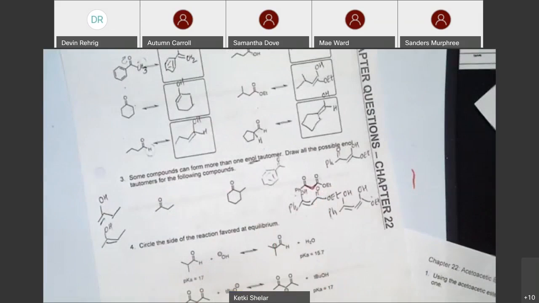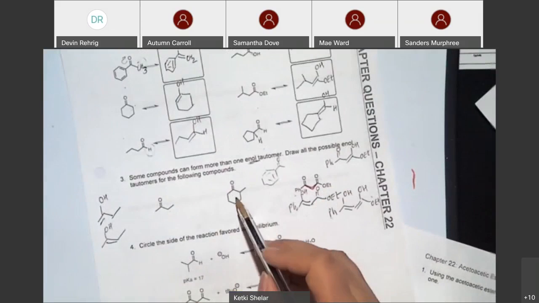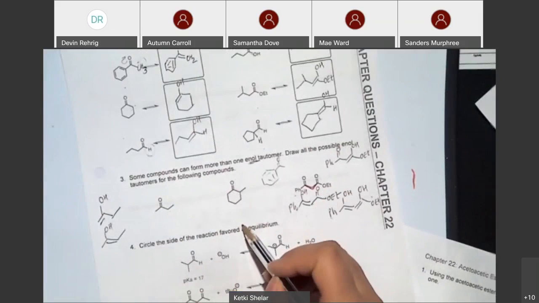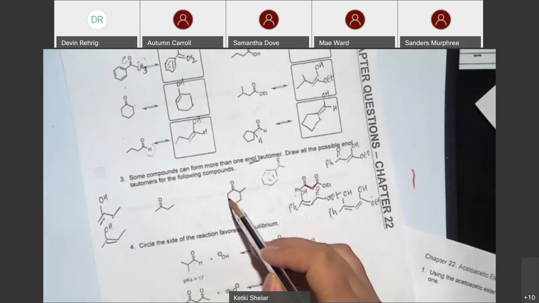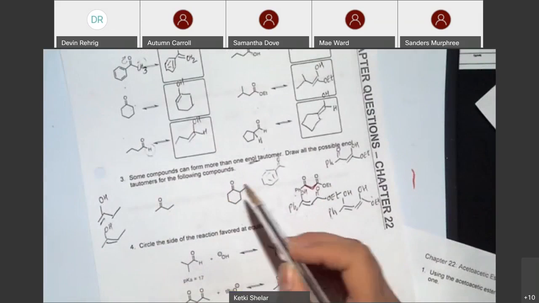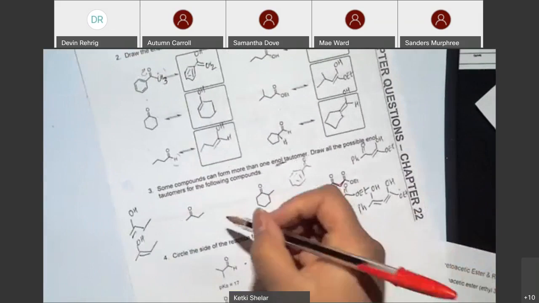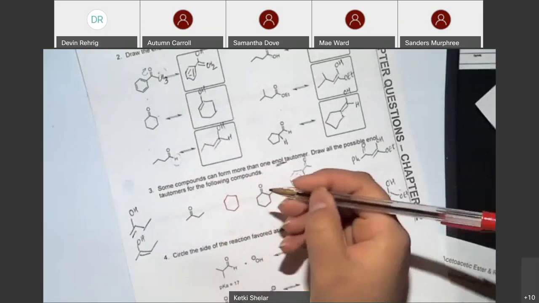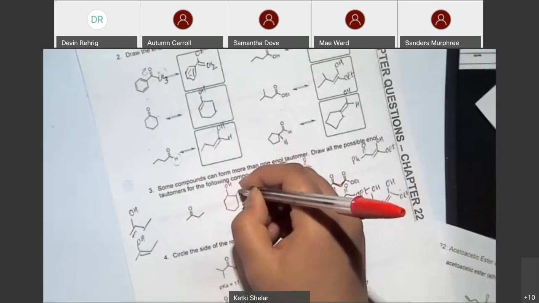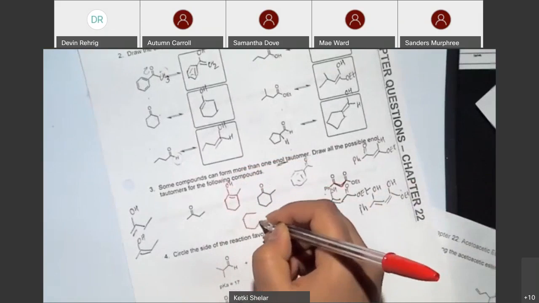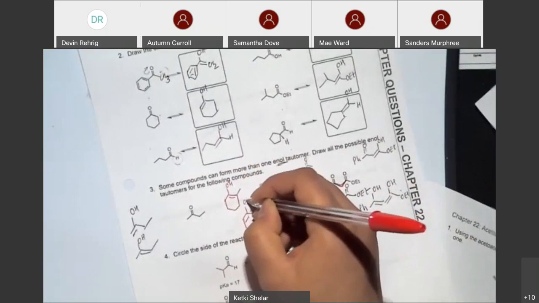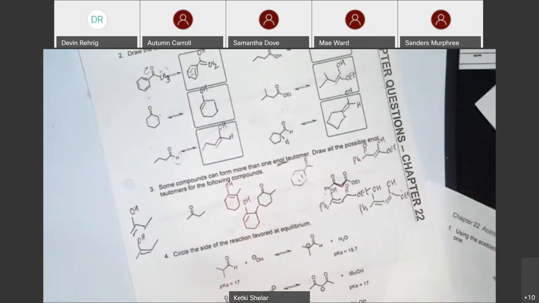This is a very interesting compound. As you can see here, there is a carbonyl and it's not symmetric in nature. There is a methyl group at one side, the other side is without a substitution. So the possible structures for enols can be OH and one would be here and the other would be towards this side. Okay.